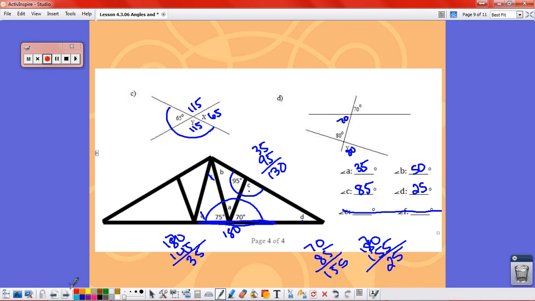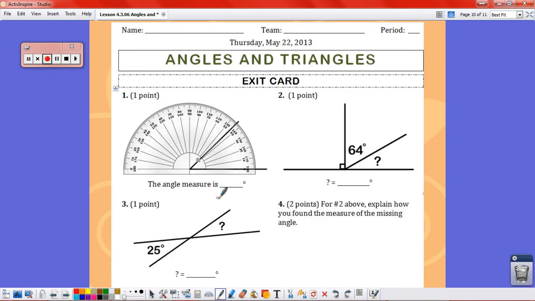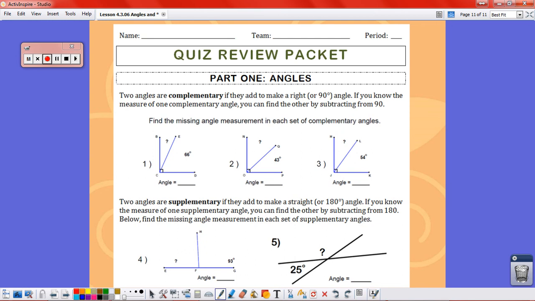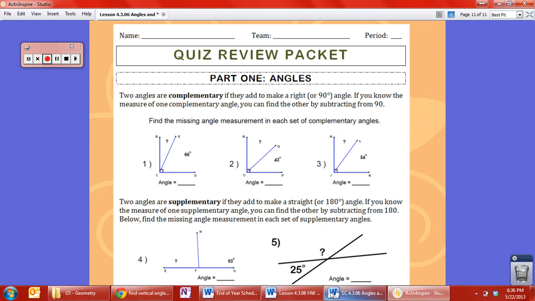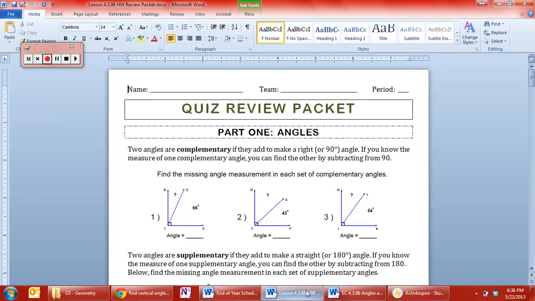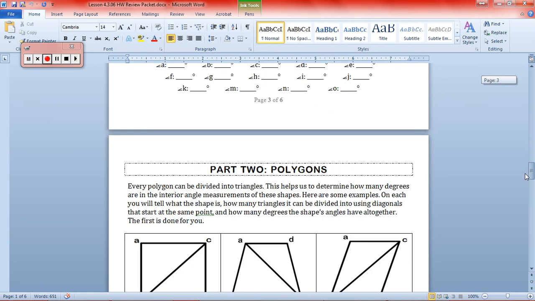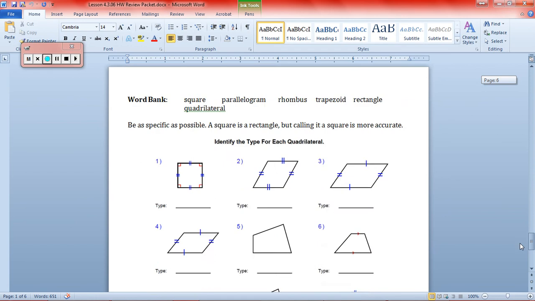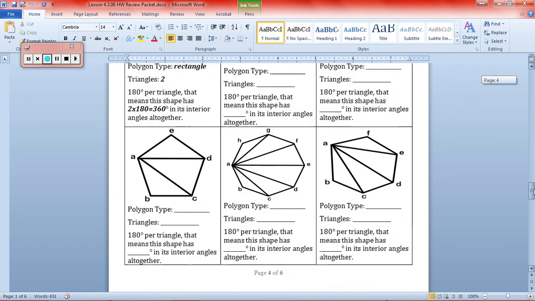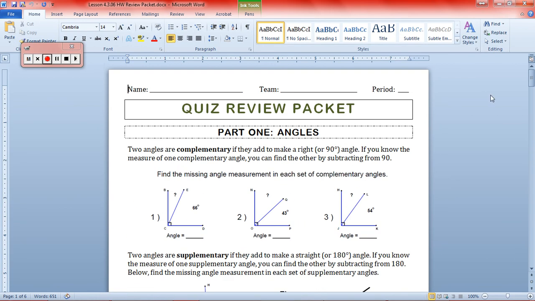And then kids are going to take this exit card, and there's another question that you can't see on here. And they're going to come home with this quiz review packet. This one. It's got part 1 angles, part 2 polygons. Some of the stuff we haven't covered yet because the packet is going to be their only homework until we take the quiz.